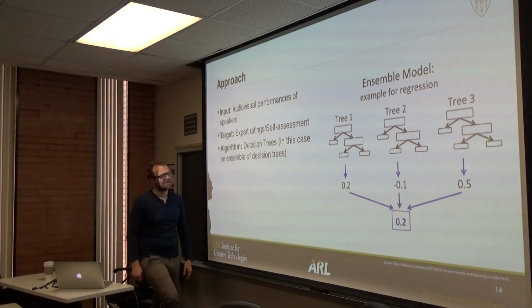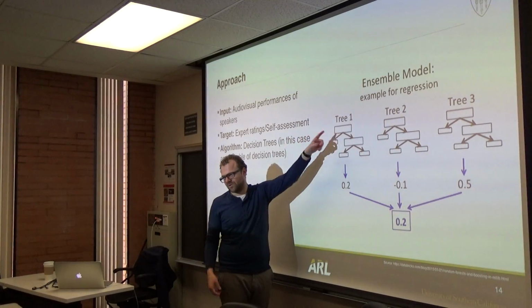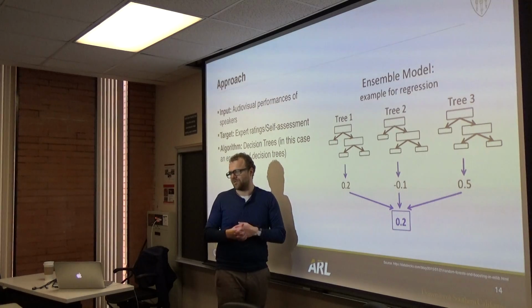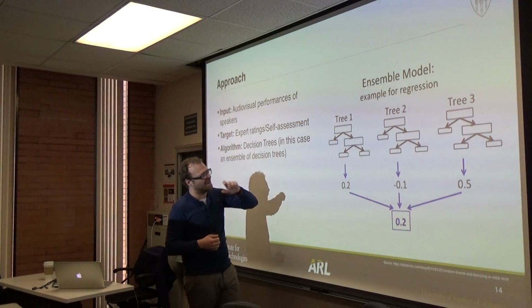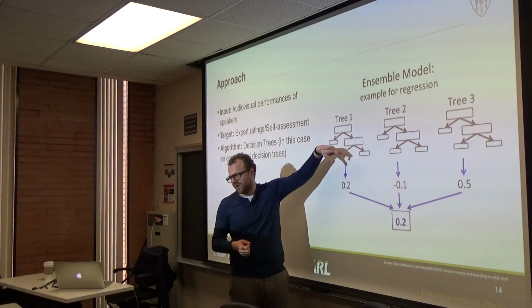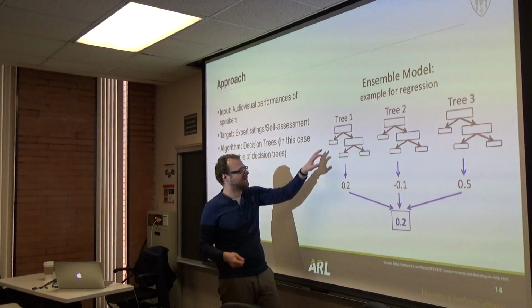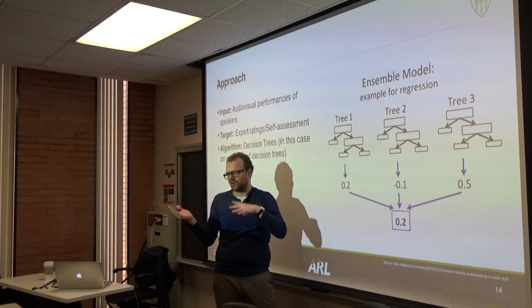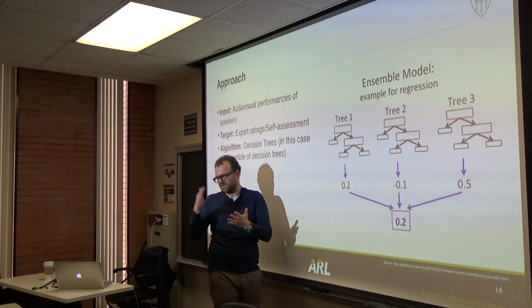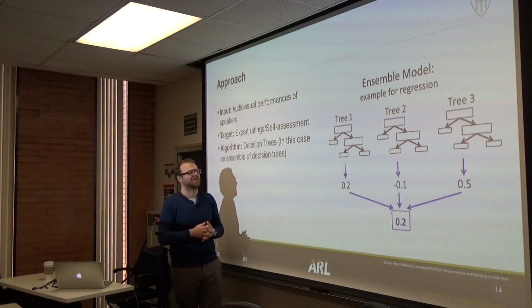And what these trees do, they make a few simple decisions, right? They go left, right, with just 2 or 3 questions. And what they produce is a continuous output. So each of those trees is a regression tree. They're not decision trees. They're not classifying. They're not saying good or bad speaker. They say 0.5 speaker, 0.7 speaker, 0.3 speaker, okay?